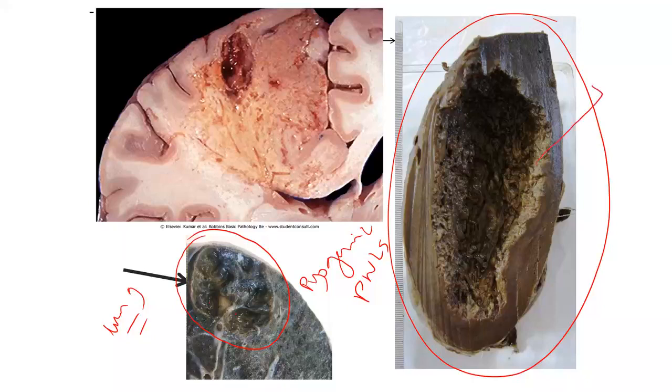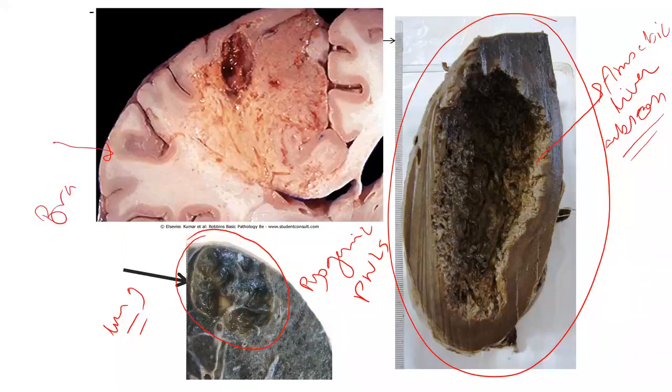Look at this liver from our museum. It shows a single large cavity with marked liquefied necrotic tissue, and this liquefaction occurred due to amoeba. This is an amoebic liver abscess, so the liquefaction here occurred due to the action of Entamoeba histolytica enzymes.